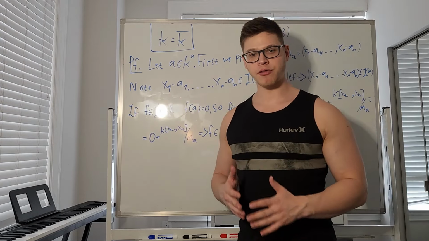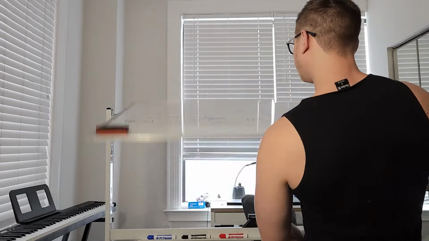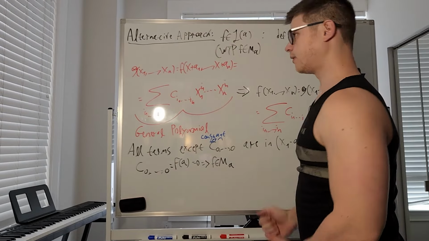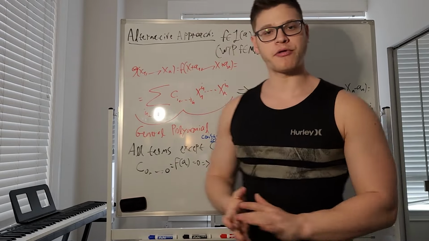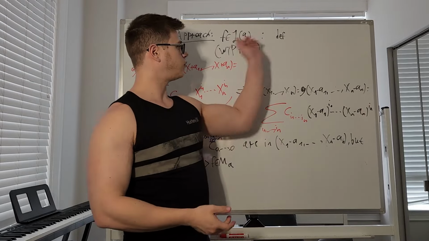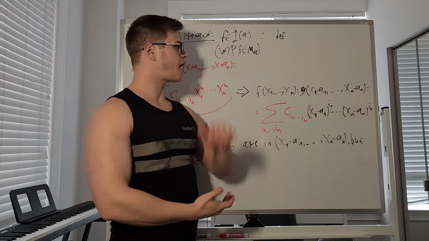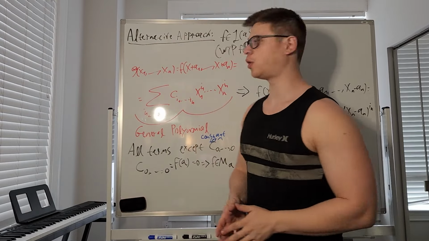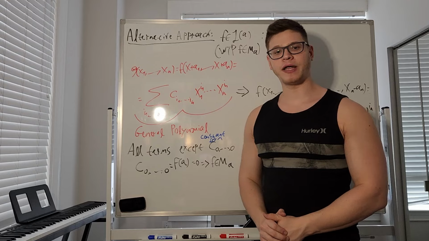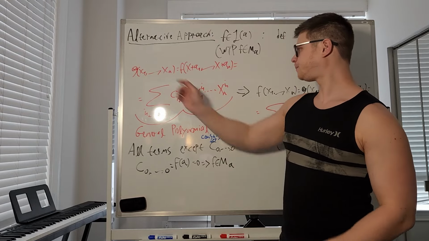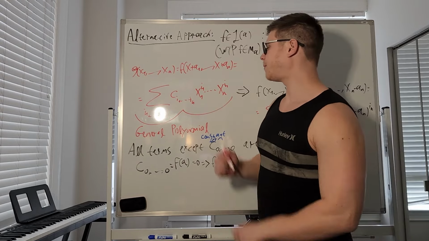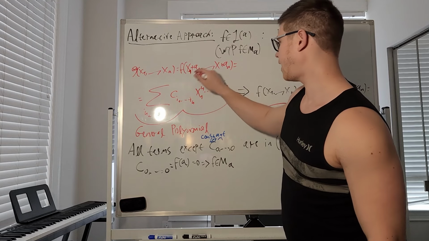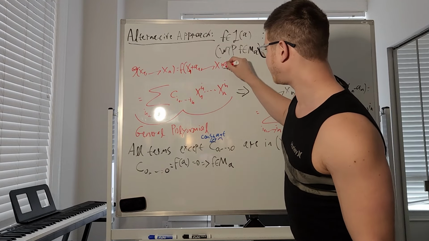Now, if you want to see this a bit more concretely, we can also do that. So an alternative approach: we have f and we want to prove that it's in M_A. So first of all, we define this auxiliary polynomial g, which is defined by f of x1 plus a1 in the first slot, up to xn plus an.